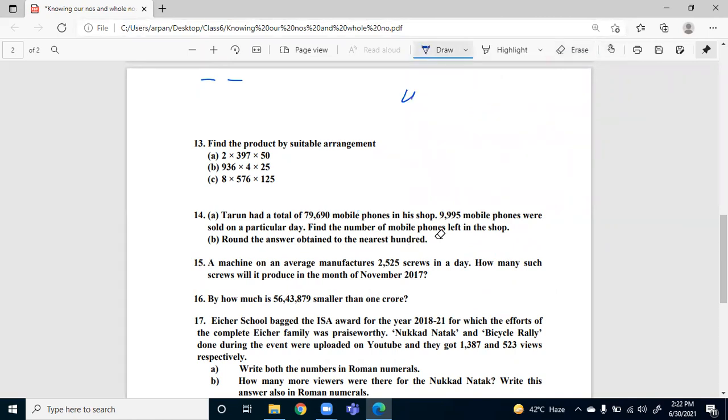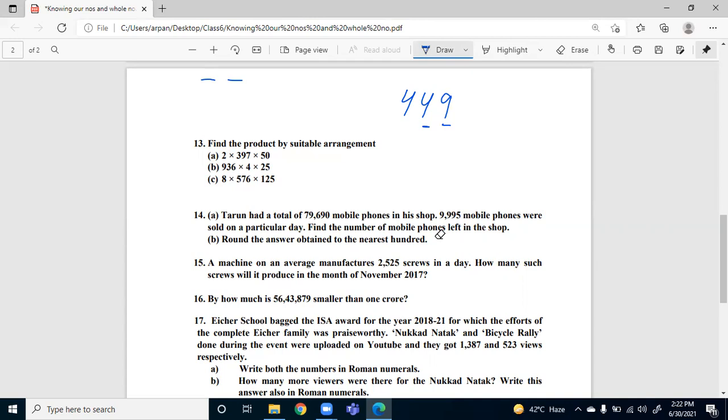Normally, if we have to round it off to hundreds in this number, we would say 400. But why don't we first round it off to tens and then round it off to hundreds? Then the answer would change.